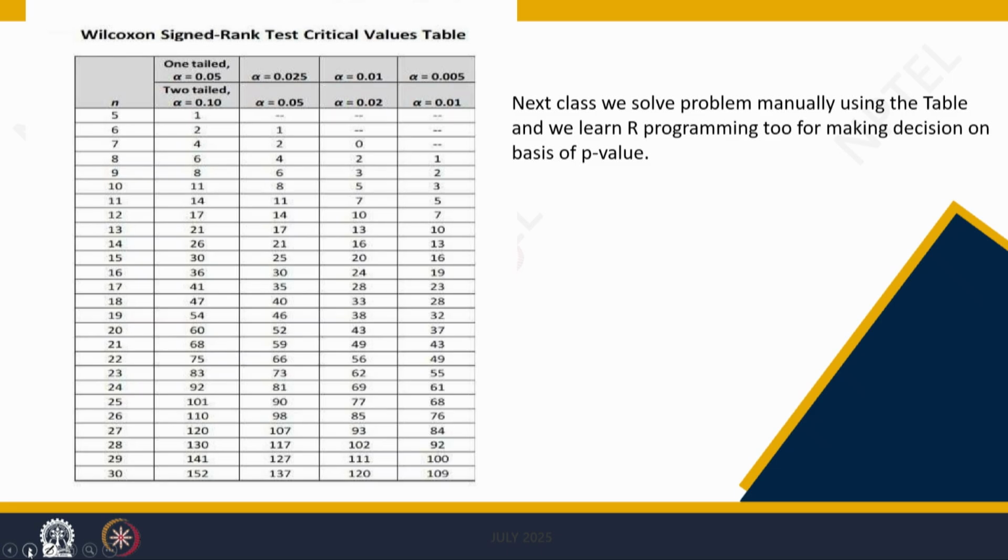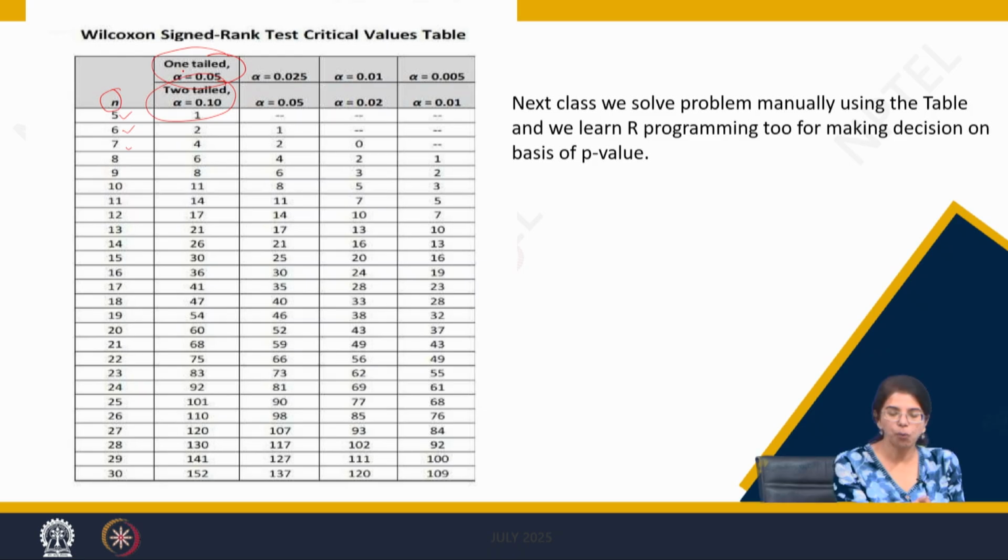This is the formal and conventional T table. T table means the Wilcoxon sign rank T plus or T minus table. Clear? So, here you can see n is the number of observations. So, 5, 6, 7, and one tailed over there, two tailed over there. Can you see alpha? If it is one tail, you have to go to the topmost row, clear?